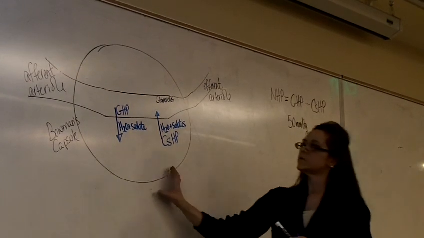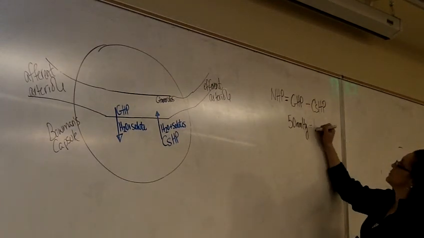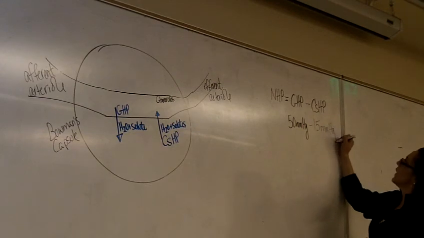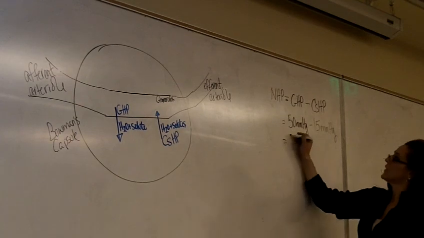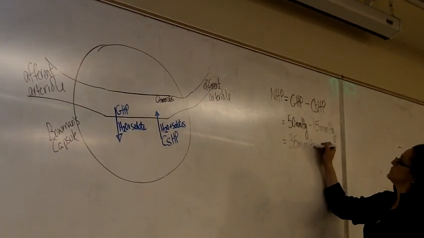And then the pressure exerted by the capsule is about 15 millimeters of mercury. Not a lot, very little. But when you add up those two forces, it gives you a net hydrostatic pressure of 35 millimeters of mercury.